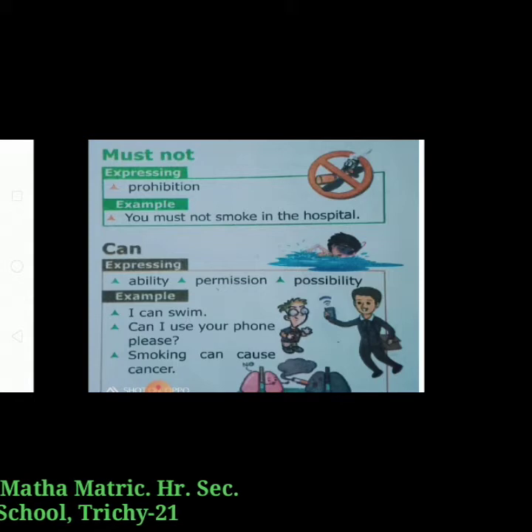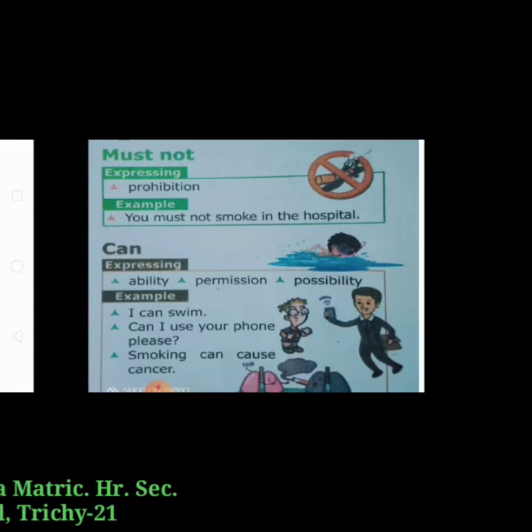I give one more example of ability, permission, and possibility. Ability: I can speak English fluently. It is my ability. Permission: Can I go out? You can go home now.